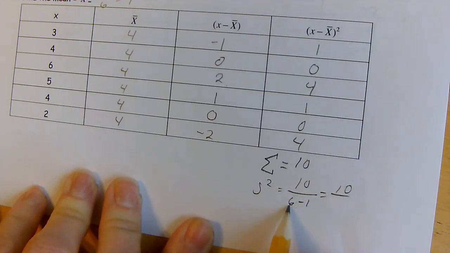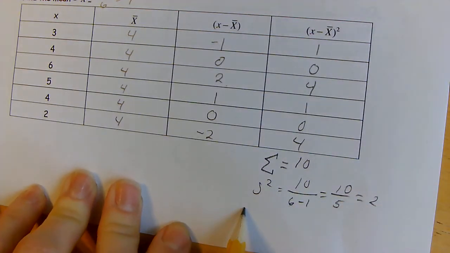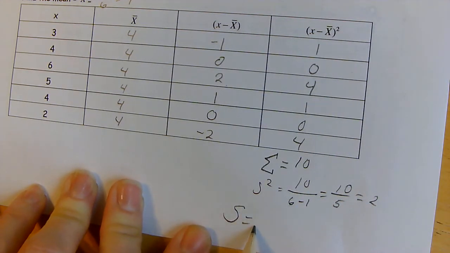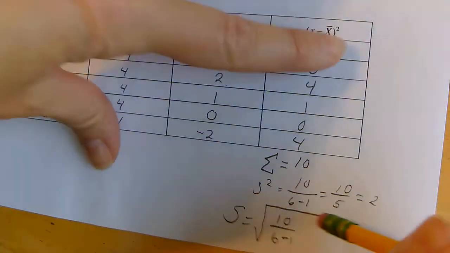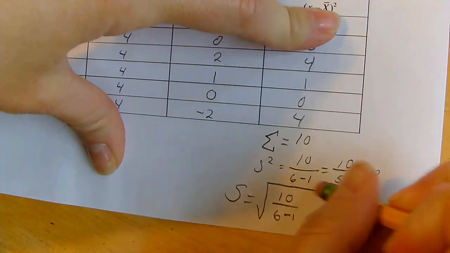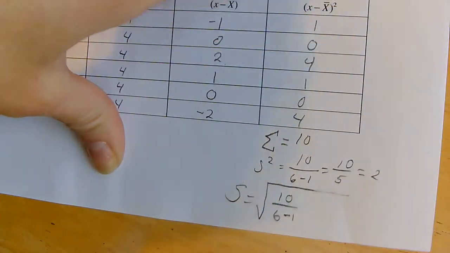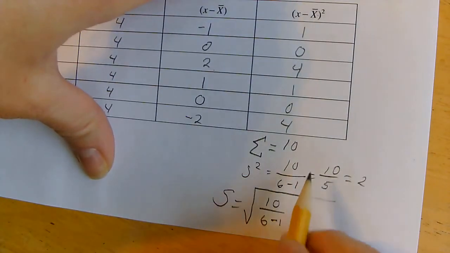And minus 1, there were 6 batteries. But the sample standard deviation is going to be when I square root it, so it goes back to the units to undo that square right there.